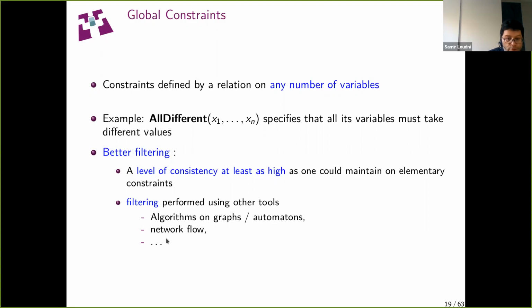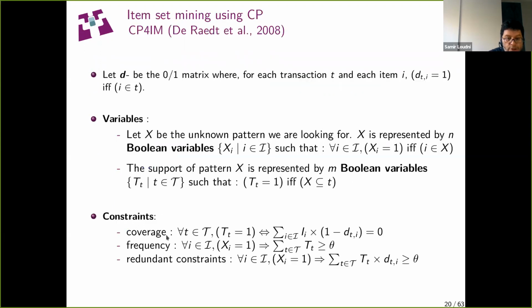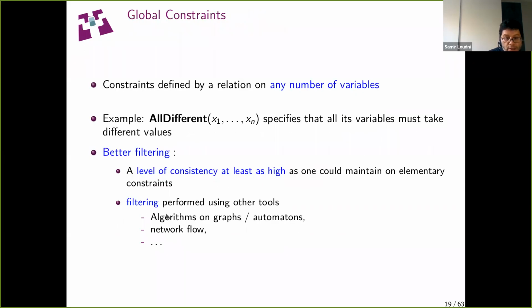We can also exploit notions coming from network flows, for example. All these techniques can be exploited to provide efficient filtering that can be associated to some global constraints.